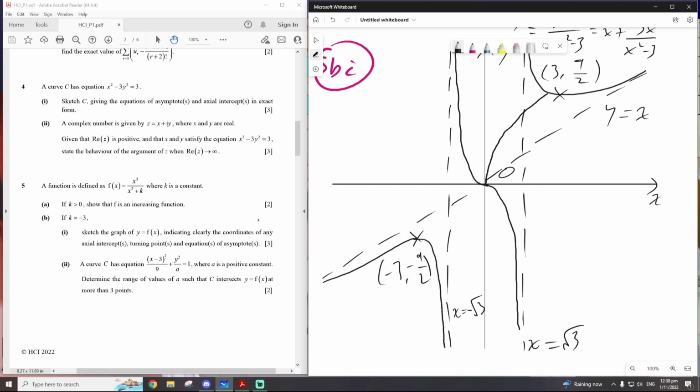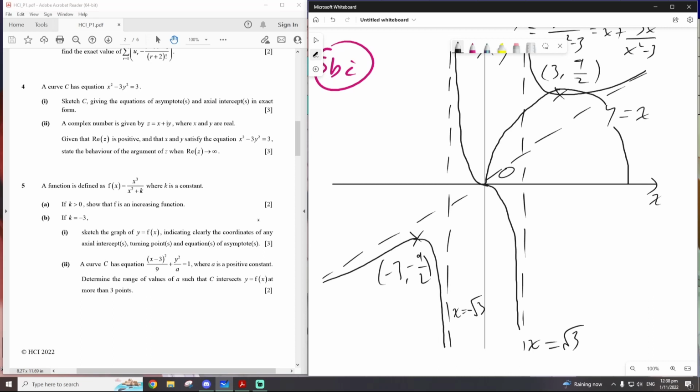The ellipse is nicely centered on the line x equals 3, so therefore I can come back down. And what does it look like? Just imagine that I extrapolate the ellipse a bit.